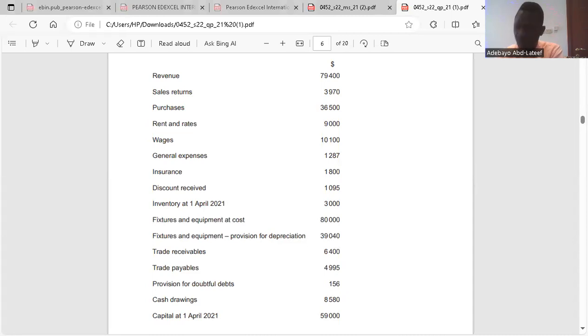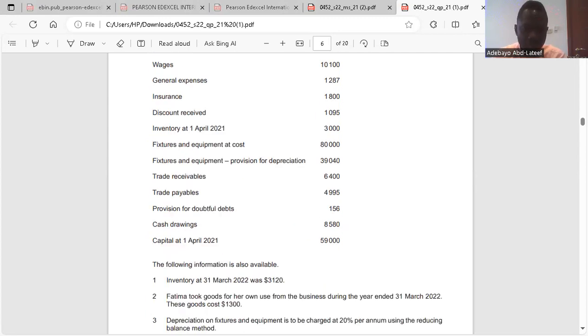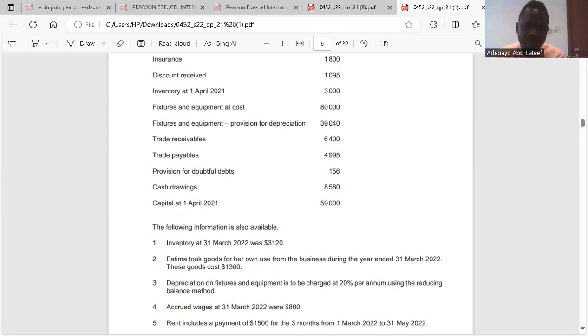Then we less cost of sales. Our cost of sales includes the opening inventory, which is inventory at 1 April 2021, 3,000. Then we add purchases, which is 36,500. That gives us 39,500. Fatima took goods for her own use from the business during the year, so you less goods for own use, which is drawings, from the purchases.